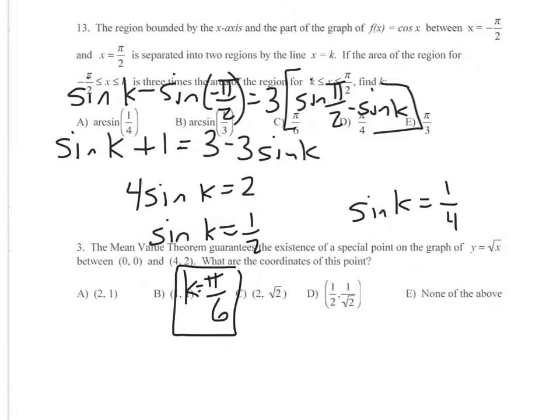So the actual answer there, a way of representing k, if you wanted to solve this for k, equals the arc sine. That's the angle that gives you a sine value of 1/4. And so that's when you would have ended up with the answer they have for A. If it was sine of k equals 1/4, if you solve that for k, you would get k equals arc sine of 1/4. Okay, so we didn't end up there. We ended up with C, and so we're happy with that.